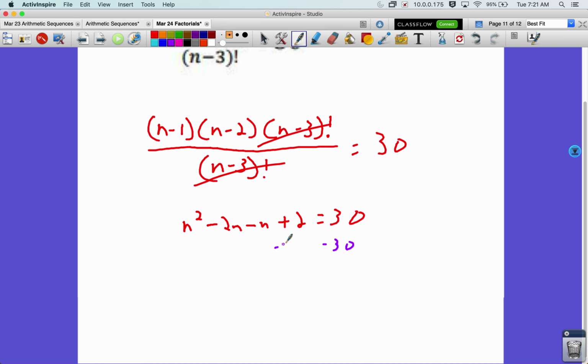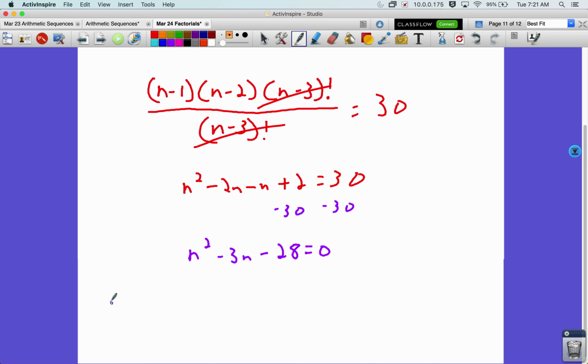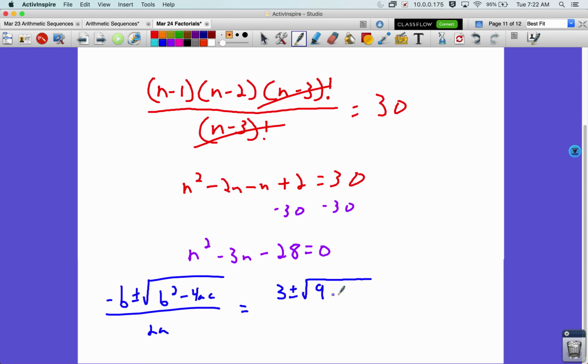Subtract the 30 from both sides. I get n squared minus 3n minus 28 equals 0. And now it's time to use the quadratic formula. So negative b plus or minus the square root of b squared minus 4ac all over 2a. That becomes 3 plus or minus the square root of 9 minus 4 times negative 28 all over 2a.